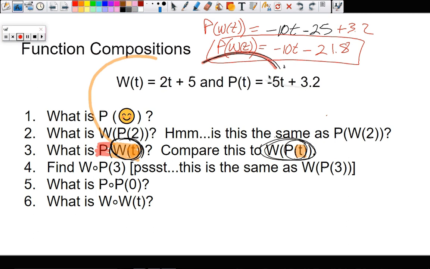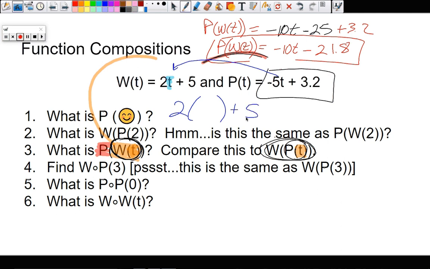We're going to take P of T as an answer. We create some space. Right here, this is the answer to P of T. And we're going to plug all of this into W, right here. So if I bare bones it, create the skeleton, it would look something like that. Questions? So let's distribute.